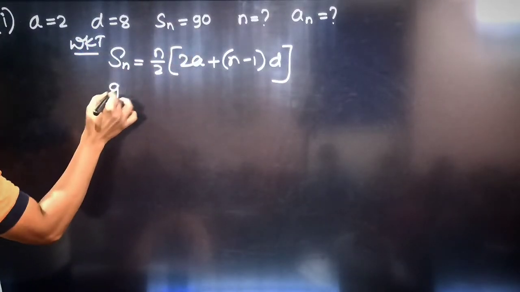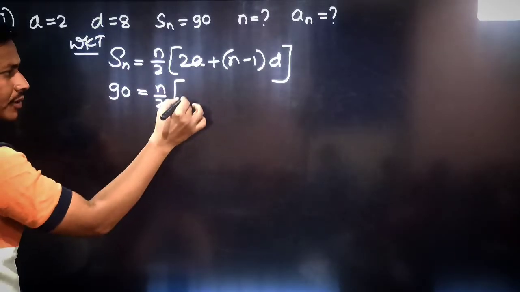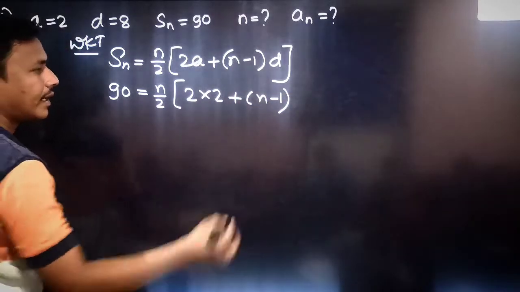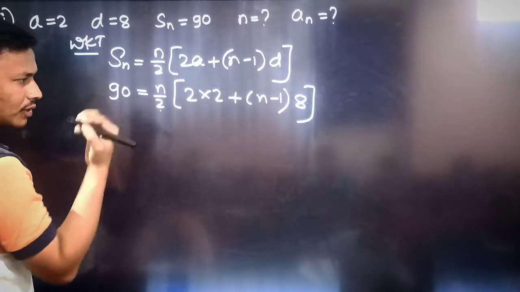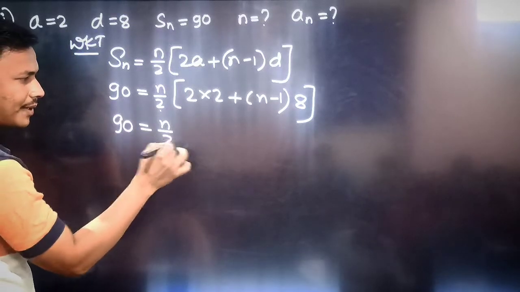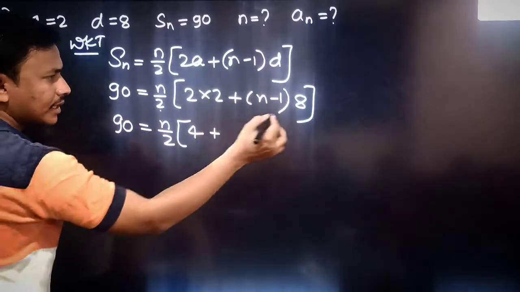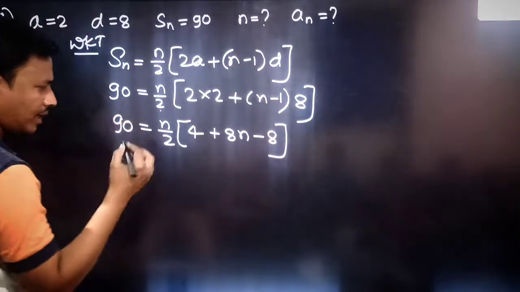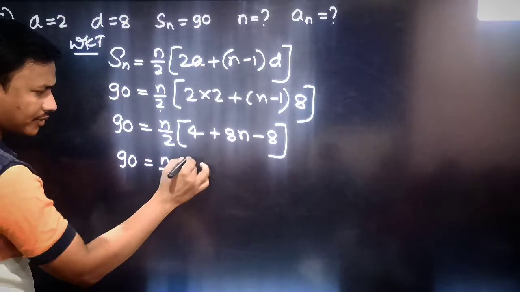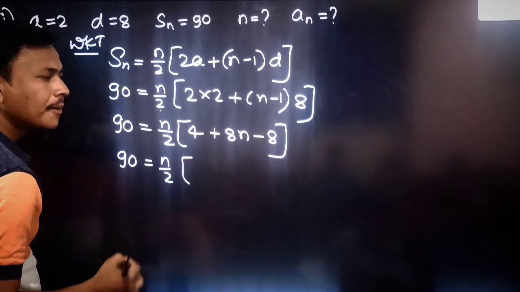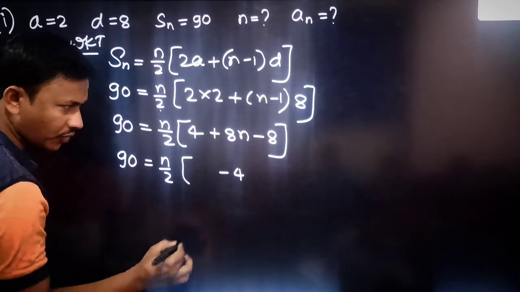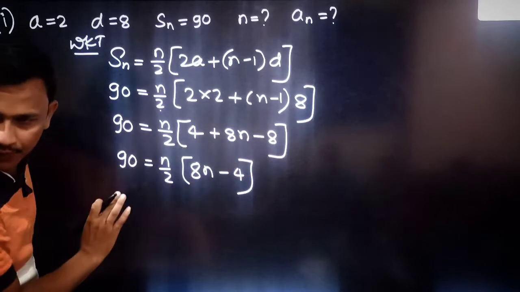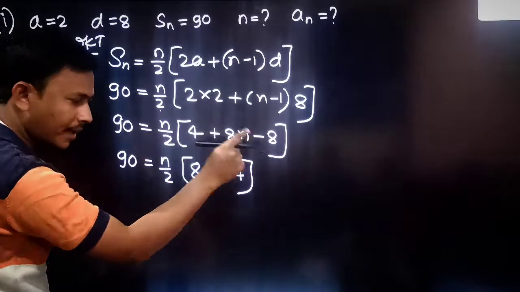What is the Sn value? 90 is equal to n divided by 2 in bracket 2 into a value is 2, plus n minus 1, what is d? 8. 90 is equal to n divided by 2 in bracket 2 is 4 plus 8 into n minus 1: 8n minus 8. Inside the bracket, 8n as it is, and 4 minus 8 is minus 4.